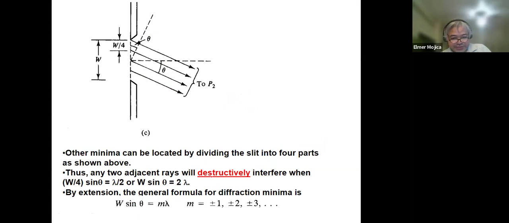Any adjacent rays will destructively interfere when the width divided by 4 times sine theta equals the wavelength over 2, or W sine theta equals 2 times the wavelength. By extension, the general formula for diffraction minima is this, given that m is plus or minus 1, plus or minus 2, plus or minus 3, and so on.